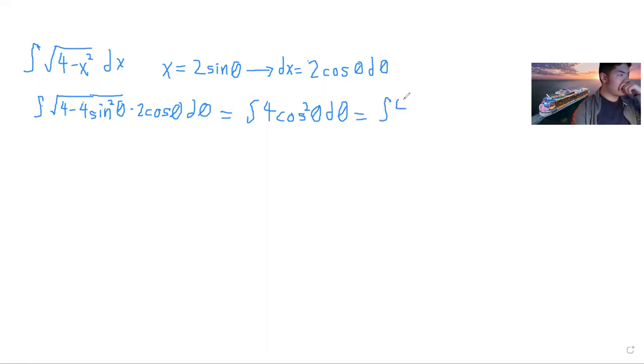That's 4 times cos 2 theta plus 1 over 2, divided by 2 d theta. Move the 4 over 2, that's 2. We can move that to the outside. So that's 2.